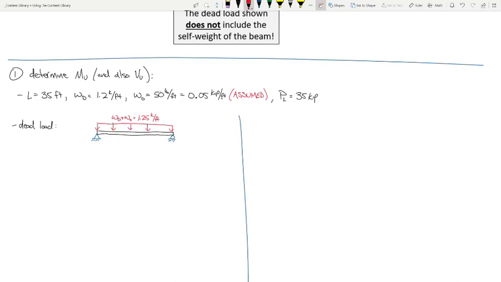Now again, right now I'm using 50 pounds per foot because I have no idea what the beam's going to look like. Later on, we will need to update this value based on whatever beam we select. This is 35 feet.